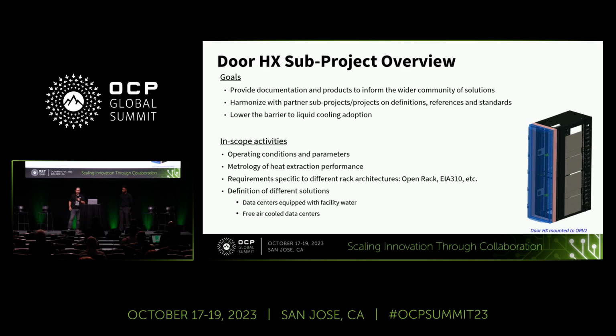The reactors are working in different scenarios. For example, data centers working with liquid in the row, and data centers which do not have liquid in the row, so air-cooled data centers. For these topologies of data center, there is a solution.